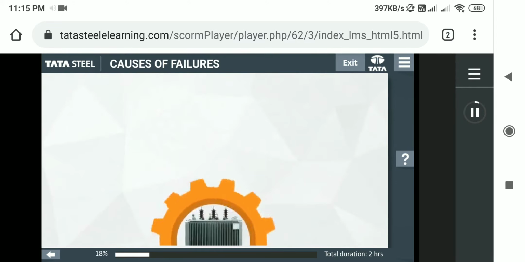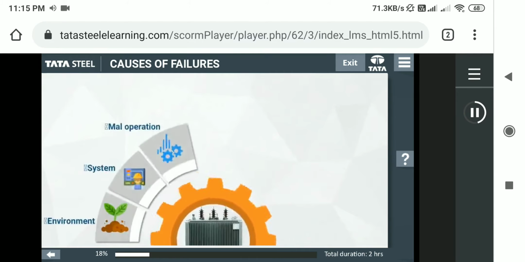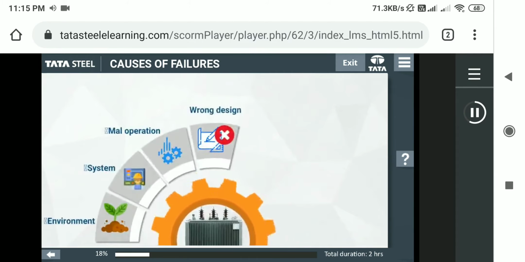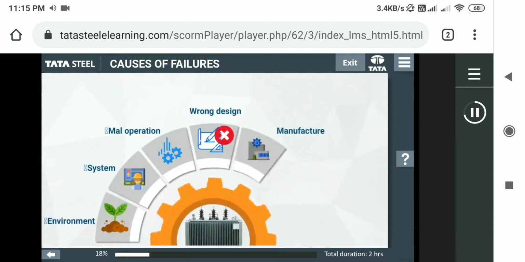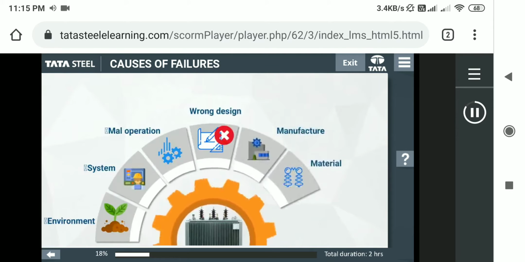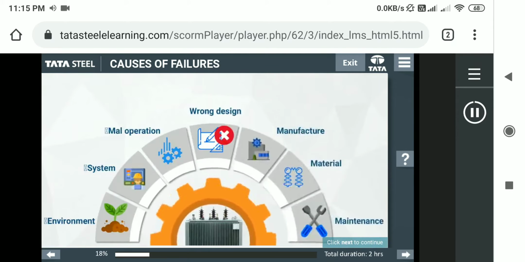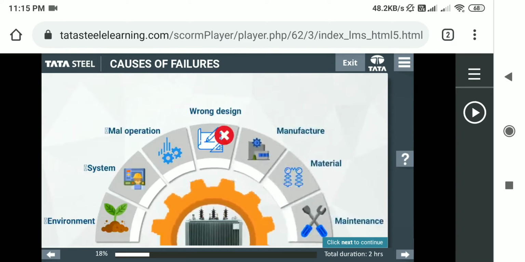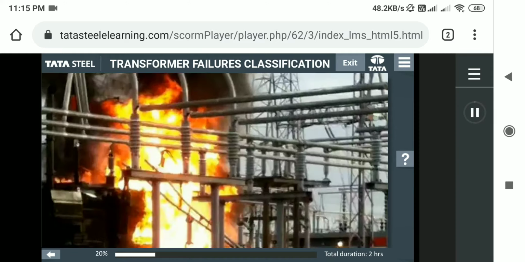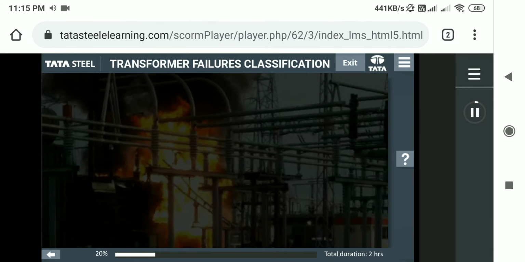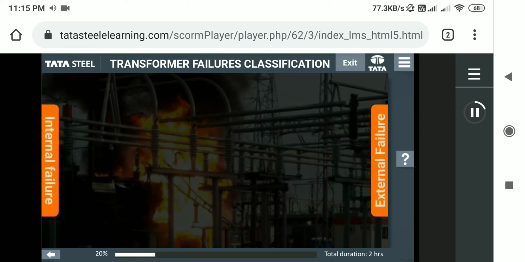Let us now look at the causes of these failures. Environment, system, maloperation, wrong design, manufacture, material, maintenance. The transformer failures can be classified as external failures and internal failures.